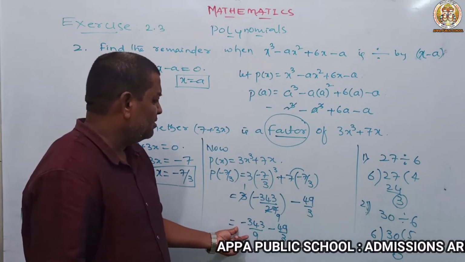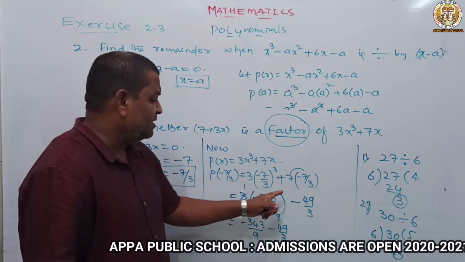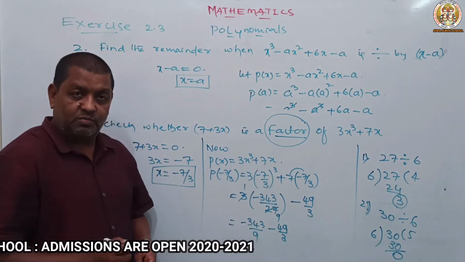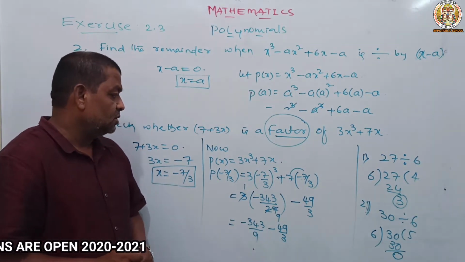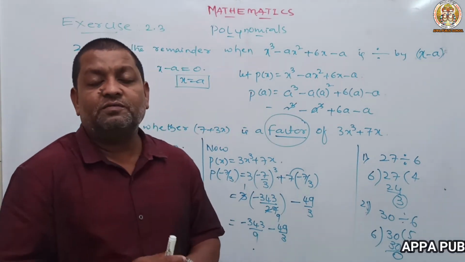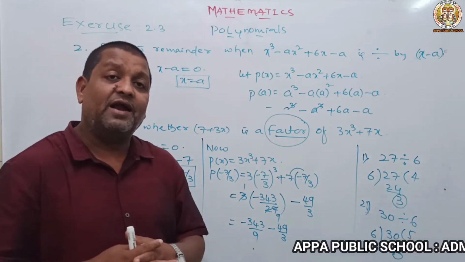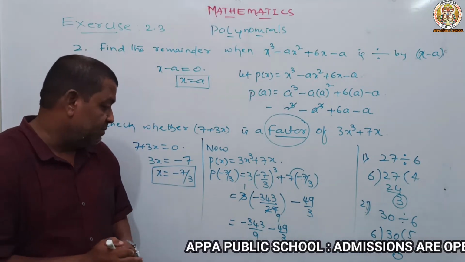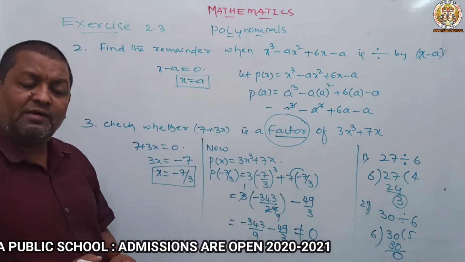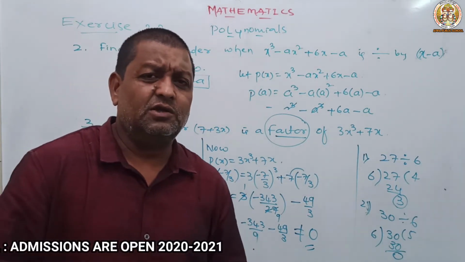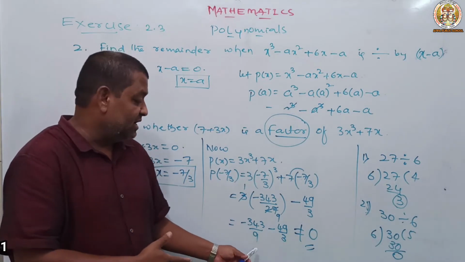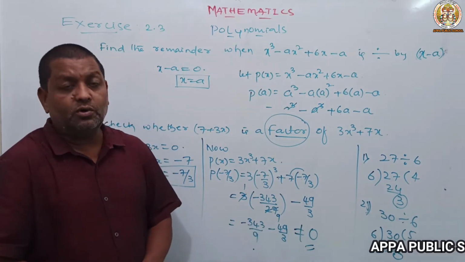Here you see, this is also minus and this is also minus. Because both are minus, we will add only, because of the same sign we are adding. When adding, are you getting 0? No. It means we can tell directly it is not equal to 0. When we are adding two such things, is it ever 0? Never. So without wasting time, you can tell it is not equal to 0.